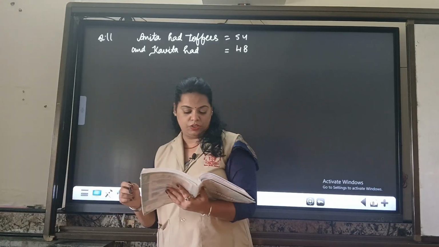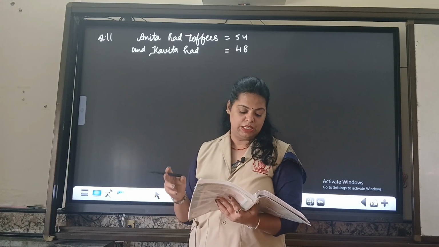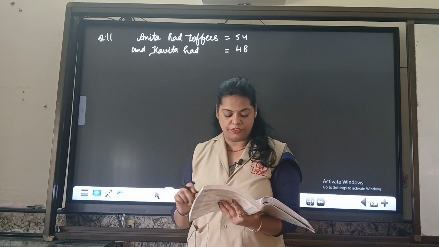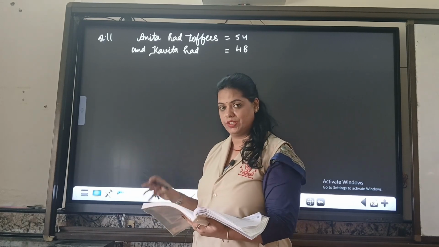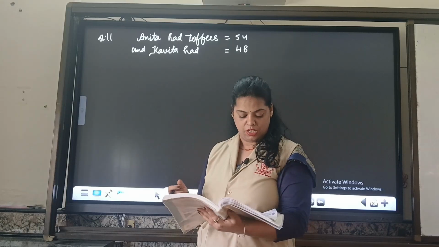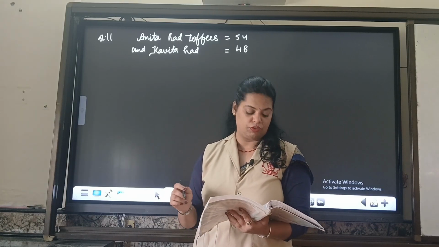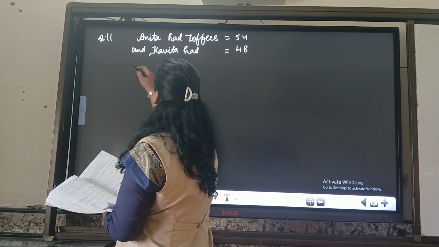Now, Anita used 36 toffees on her birthday and Kavita used 32 toffees on her birthday. What fraction of the toffees did each of them use? We have to write the number of toffees used in the form of a fraction, and afterwards we have to tell whether they used an equal fraction of their toffees. So first of all, I am writing how many toffees they have used for their birthday.